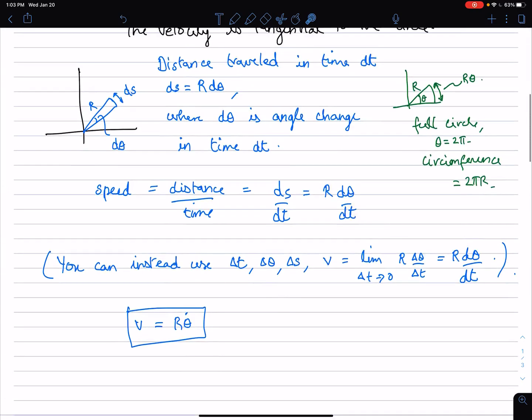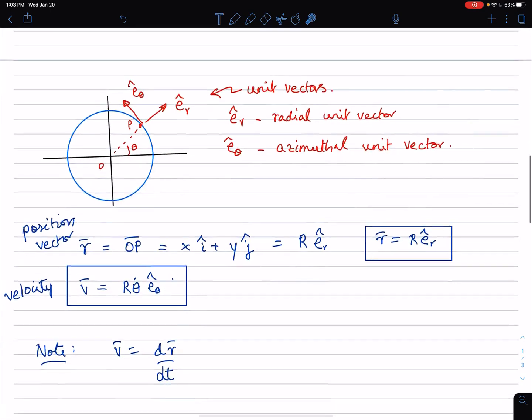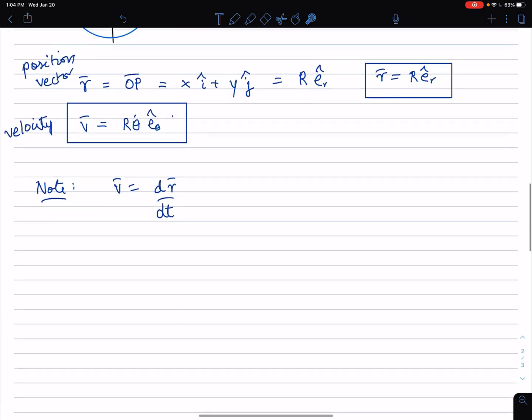And when we ask for speed, you can give us a scalar answer. You want to be sure that what we are asking is a vector, and if so, then give us a vector answer. And unless we specify the coordinate system, you can provide the answer in Cartesian coordinates or some other coordinates.